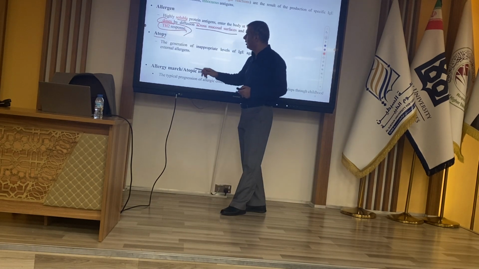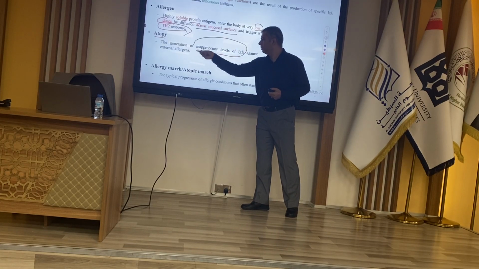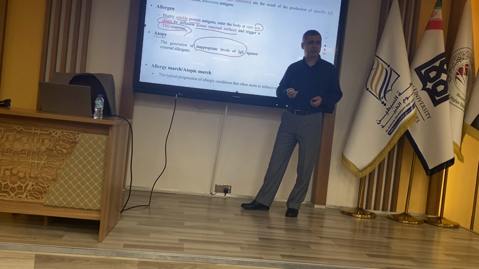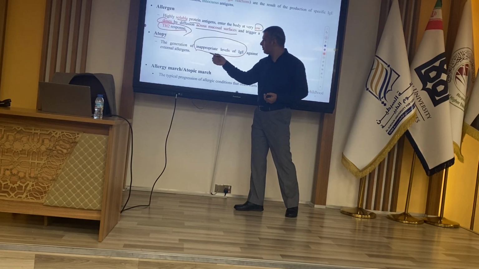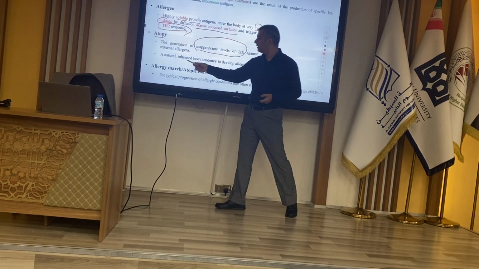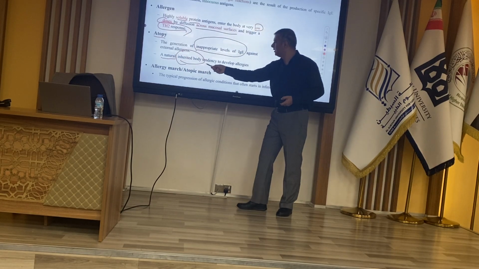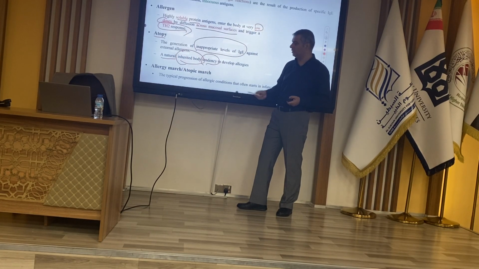Atopy means generation of an inappropriate level of IgE against anything. Having an inappropriately high level of IgE means atopy. Indeed, it's a susceptibility to allergic reactions. So it's indeed a natural inherited body tendency or susceptibility to develop allergies.